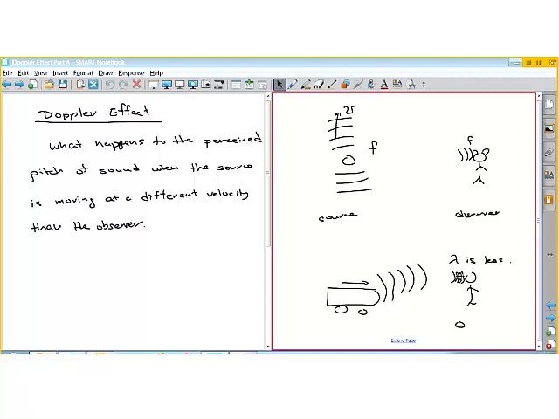And a smaller wavelength corresponds to a higher frequency, which means a higher pitch. So this person hears the sound as being higher. If you have a fire truck going by you, you'll hear the pitch be higher as it's approaching, higher than the actual frequency of the source that's produced.